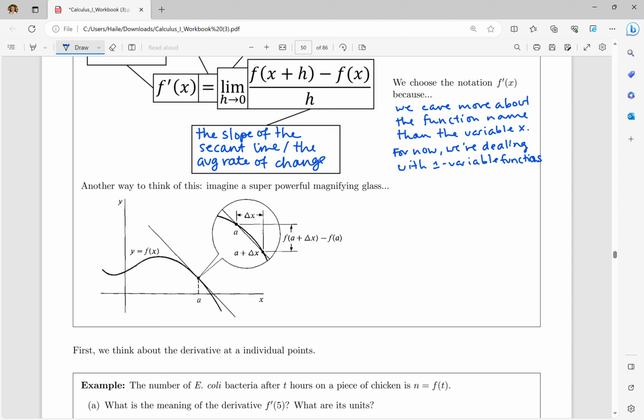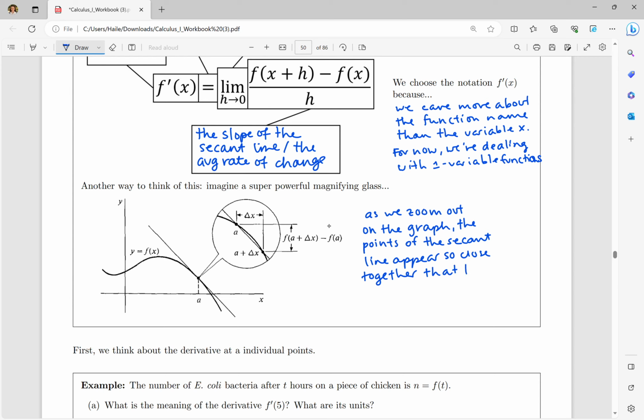Okay, so let's summarize that. So as we zoom out on the graph, the points of the secant line appear so close together that they look like 1 point.